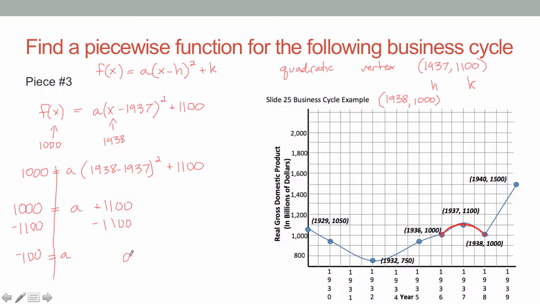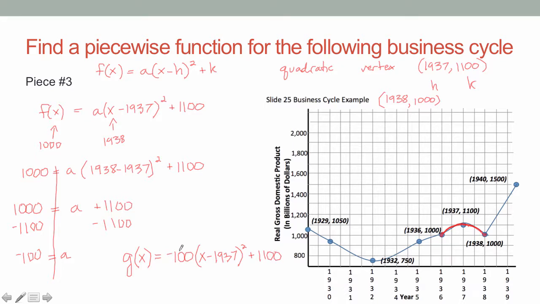So now we've got a function for the second part. The second function, I'm going to call it g, just to keep it different than the first function f. G of x, the second part in red, is a quadratic equation. It's negative 100 times x minus 1937, it has a different vertex than the other one, squared, plus 1,100.